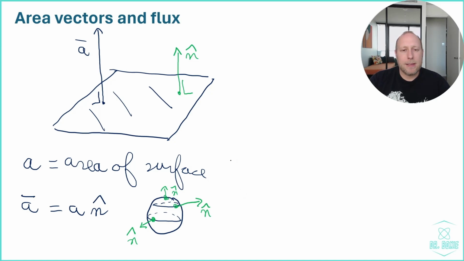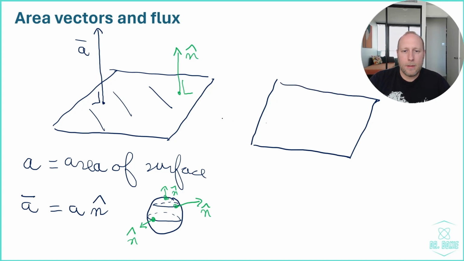Now, what do we do with this normal vector? What do we do with this representation of areas of surfaces? Well, we want to use it to define something known as the flux of a vector field. So to do that, let's consider again the surface. And we take some vector field, V. And I'm going to draw a couple of those vectors.